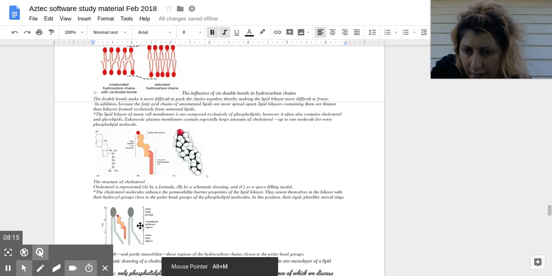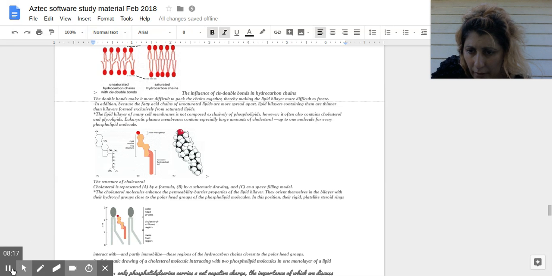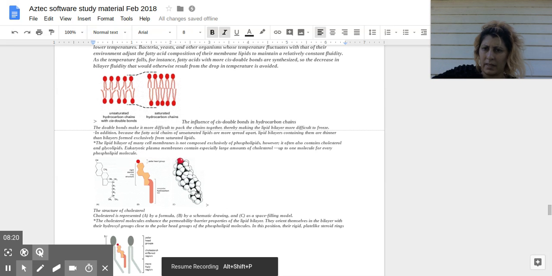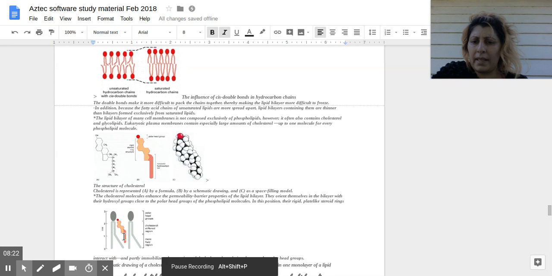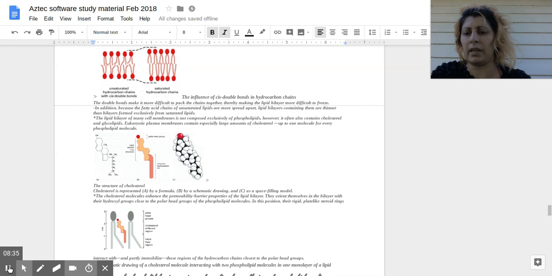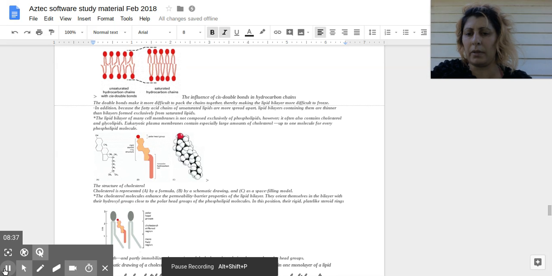This is how it aligns itself in the monolayer of the membrane. Due to one of the fatty acid tails being kinked and unsaturated, the membrane is a little more fluid and spread out, as you can see here, rather than closer together and not that flexible.